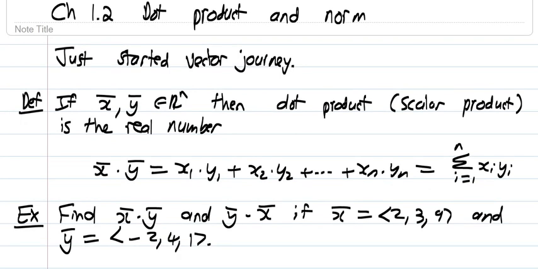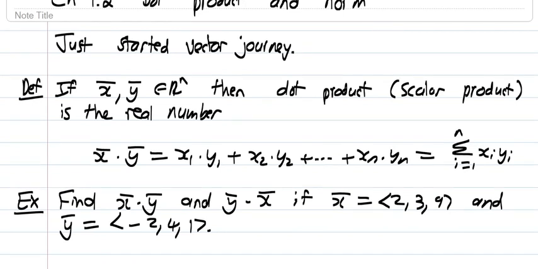Find the dot product x dot y and y dot x if x is this 3D vector and y is this 3D vector. Alright, so let's do the mathematics. So x dot y, we want to see the calculation. So the first component of x is 2, the first component of y is minus 2.